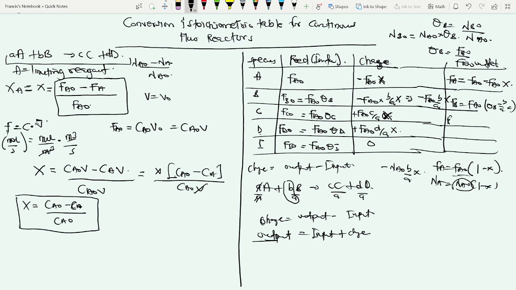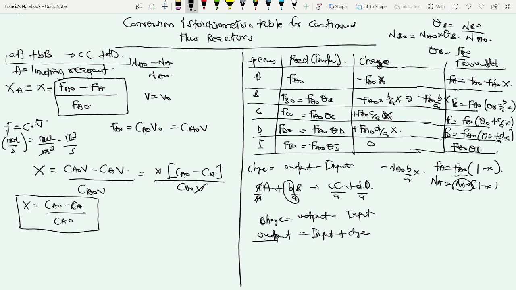For FC, because we are adding, we get FA naught (theta C plus c over a X). For FD, it's FA naught (theta D plus d over a X). And for the inert, it will still be the same, FA naught theta I.